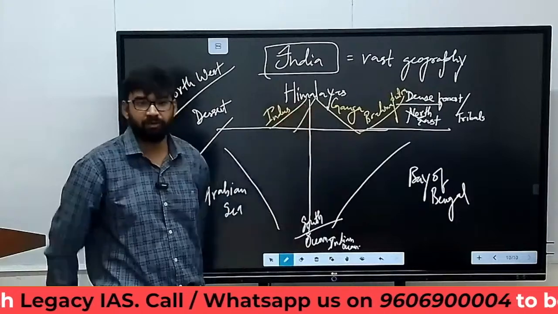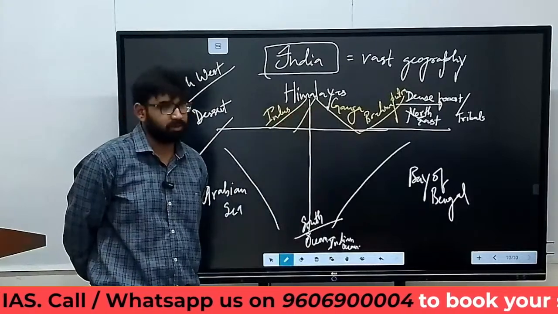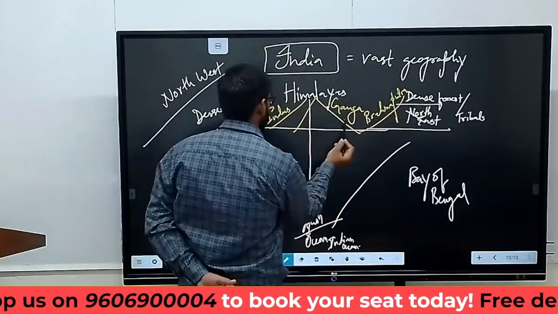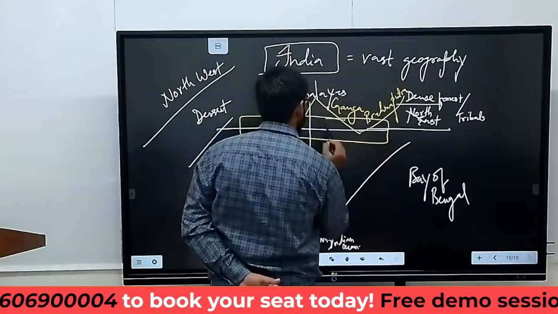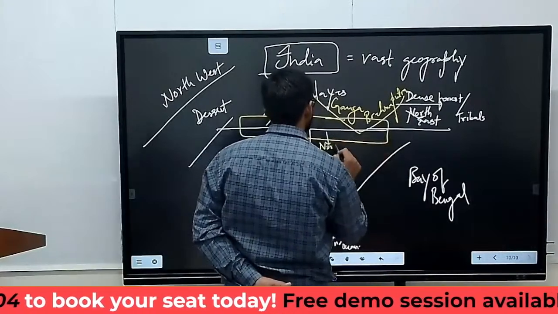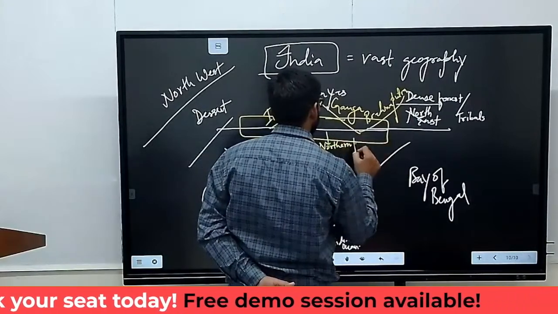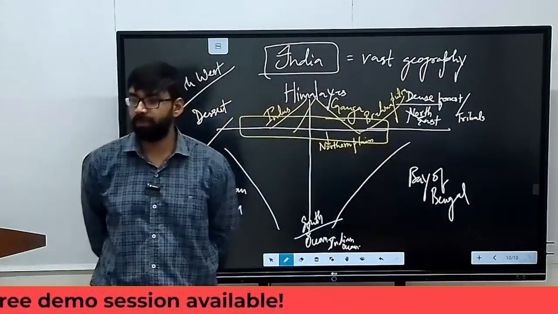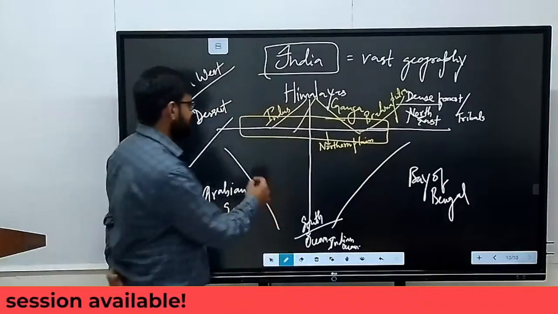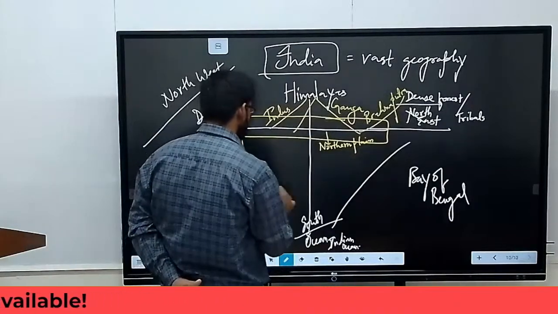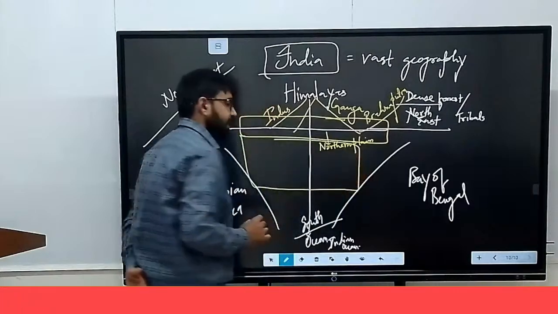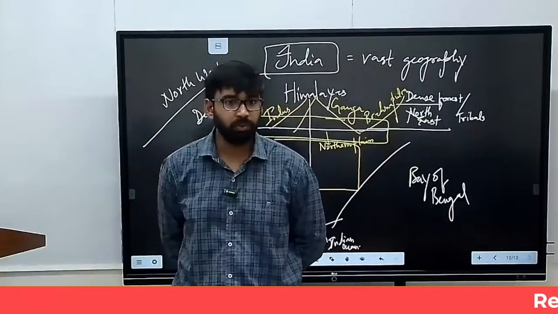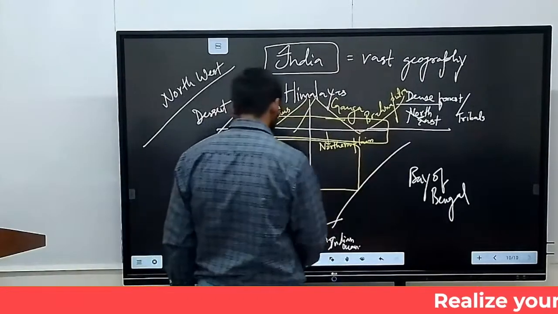These are Himalayan rivers, that means 12 months. So this area is called the northern plain because of rivers. Then after this region comes the Deccan region, which starts from Maharashtra till Karnataka.